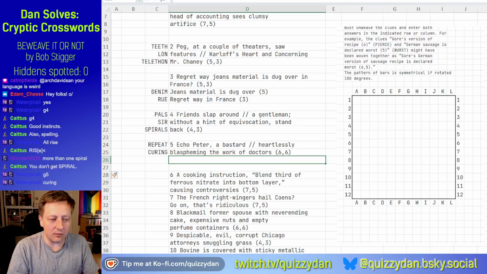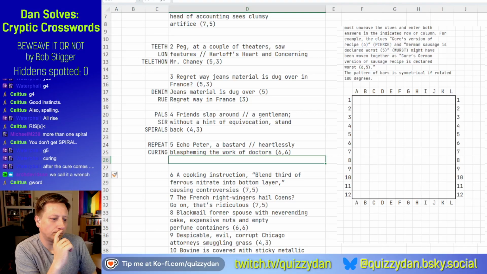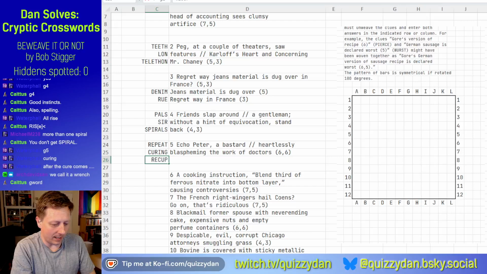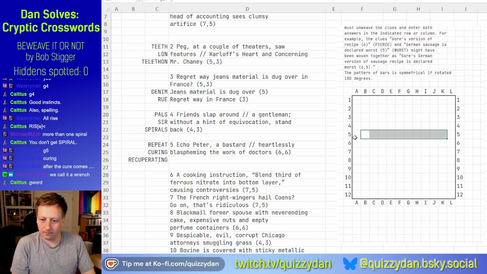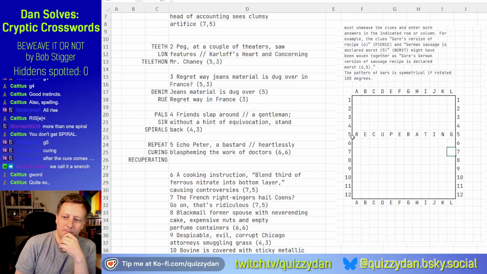Which I think means that 7 must also be a grid spanner because the pattern of bars will be symmetric. Recuperating. That's your spanner. There we go.